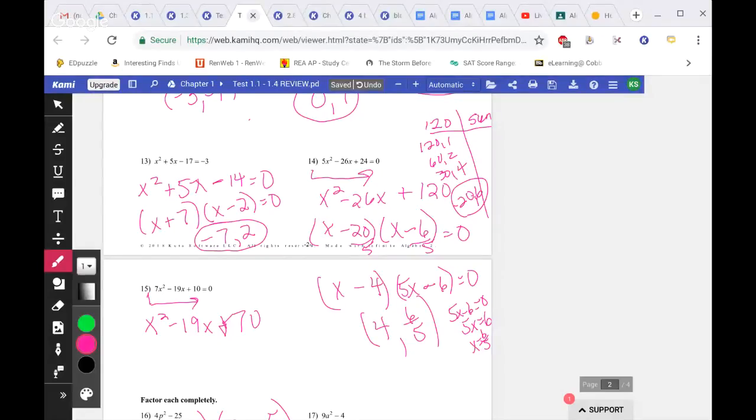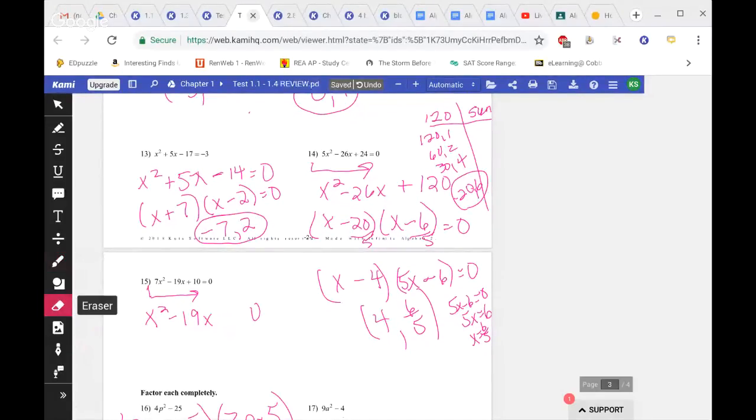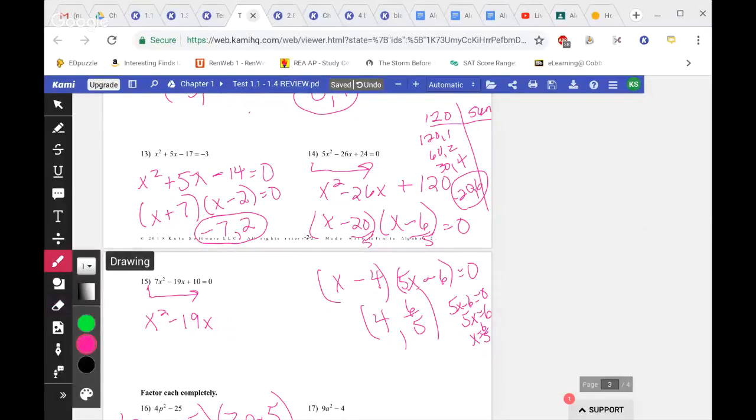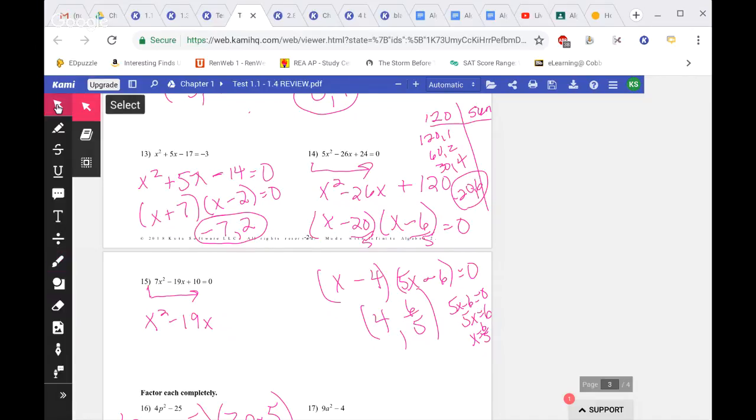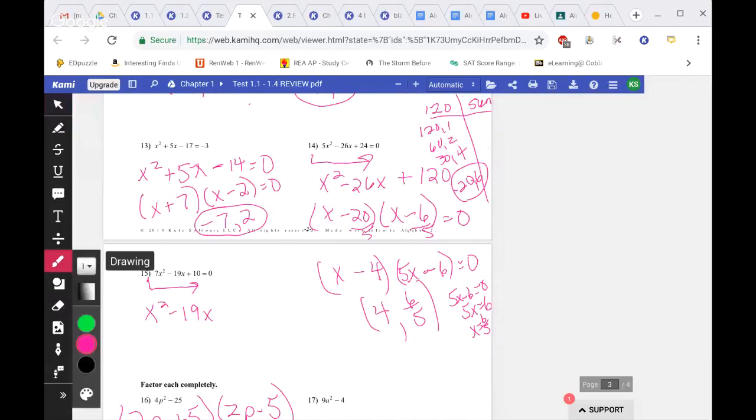Positive 70. They quit writing on me. Yeah, it quit writing on me, so I've got to reload it, unfortunately.